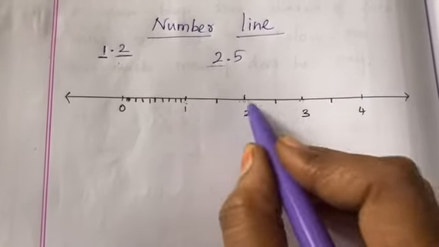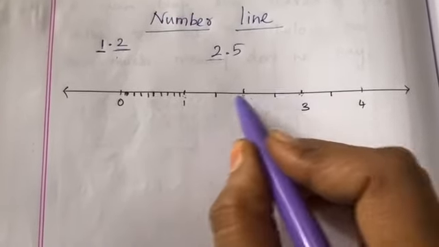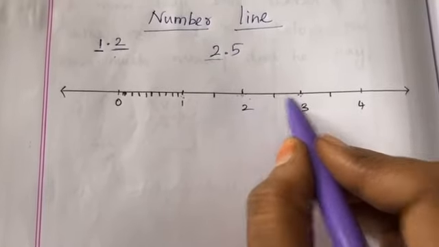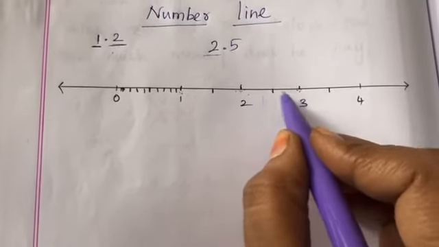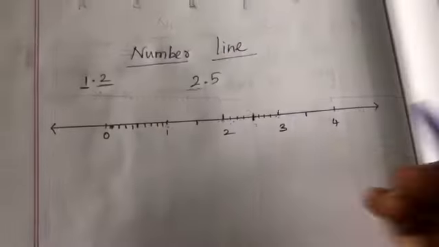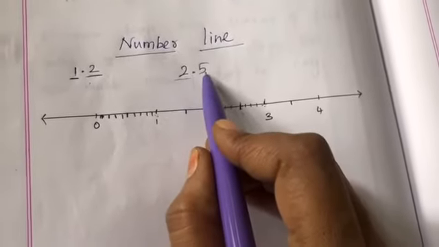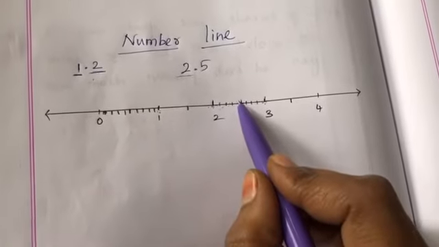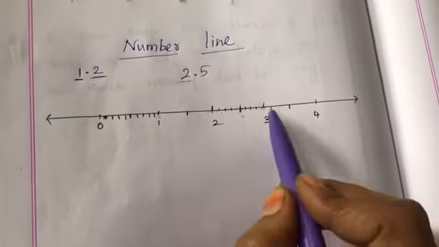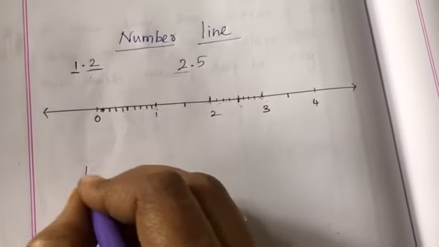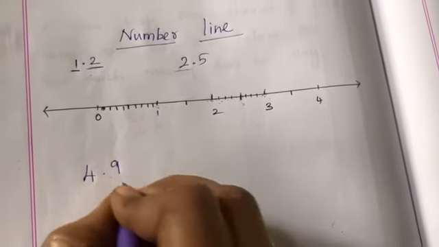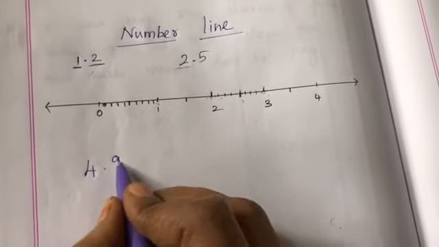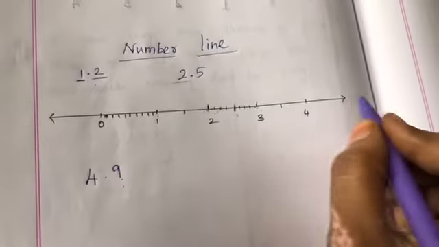Between two natural numbers, you have to divide the place into 10 equal parts. So 0.5 means it is the midpoint, the fifth line between 2 and 3. Okay, so 4.9 means the ninth line after 4, between 4 and 5.